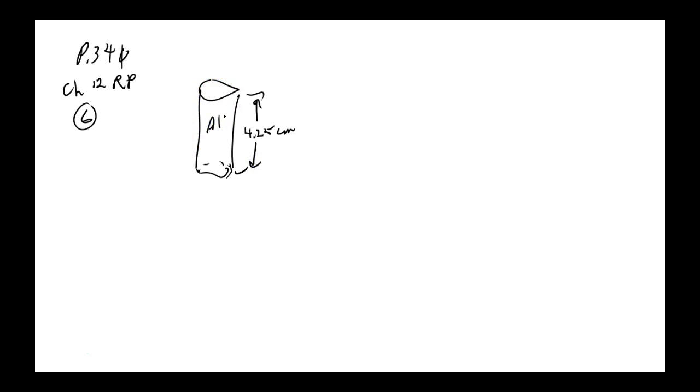The cylindrical piece of aluminum is 4.25 centimeters tall and 1.95 centimeters in radius. Mine is probably not to scale. So the radius here is 1.95 centimeters. Definitely mine's not to scale. How much does it weigh? So we're looking for the weight of this object. What will your answer be in? What units?